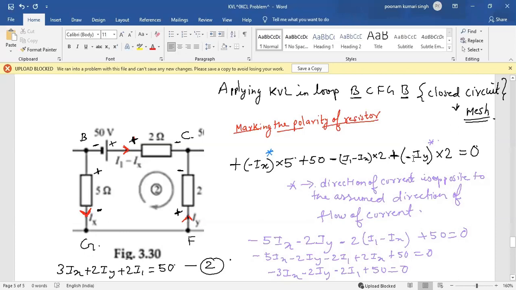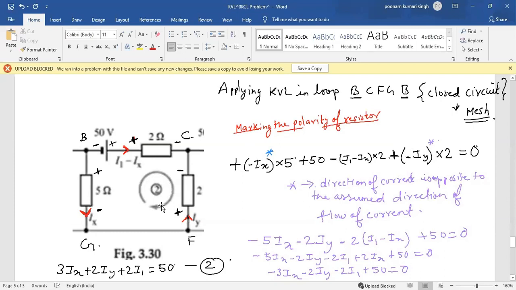So you can see here that Iy and Ix have the same reason why I have put a minus sign. We are moving in clockwise direction, so as per that clockwise direction I have to assume.